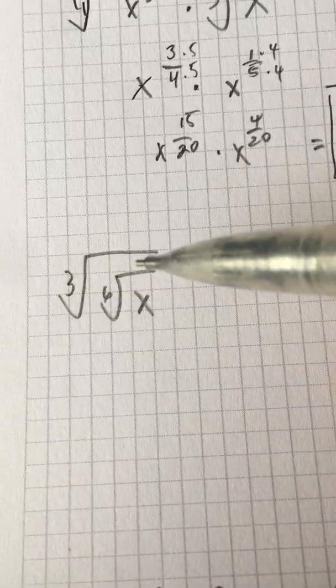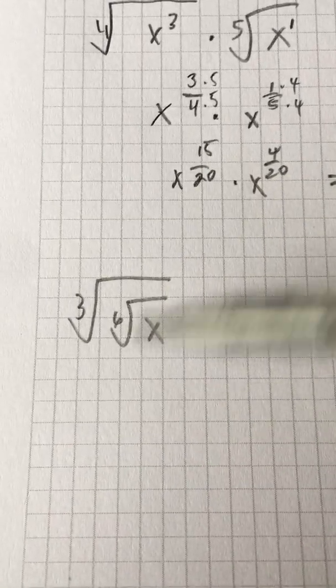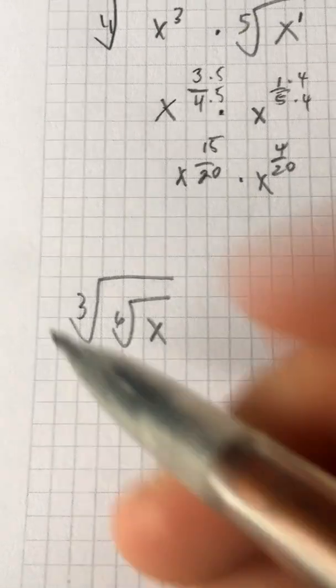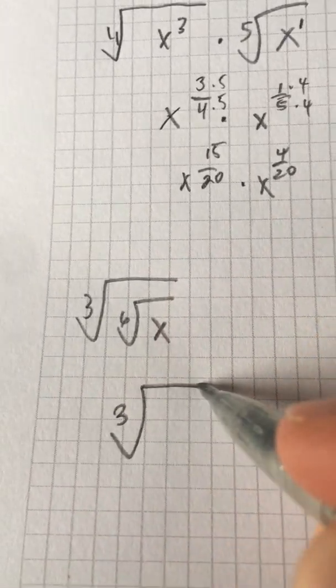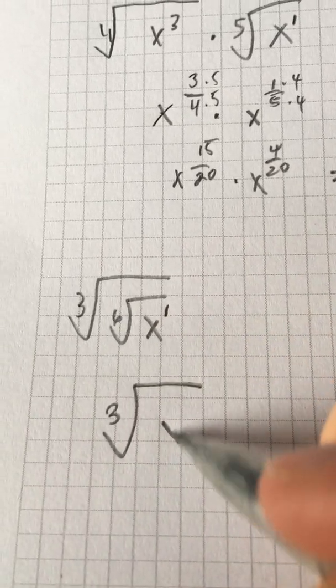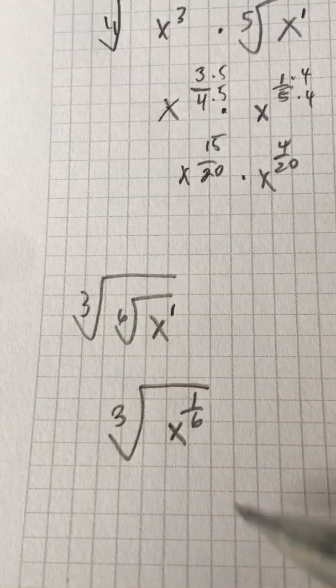Last example for today, this kind of looks like a math team problem to me in my opinion. So I have two roots and an x. I work innermost first. I'm going to keep that cube root and focus on writing this piece with my fractional exponent. So x to what power? Hopefully you're thinking 1/6.